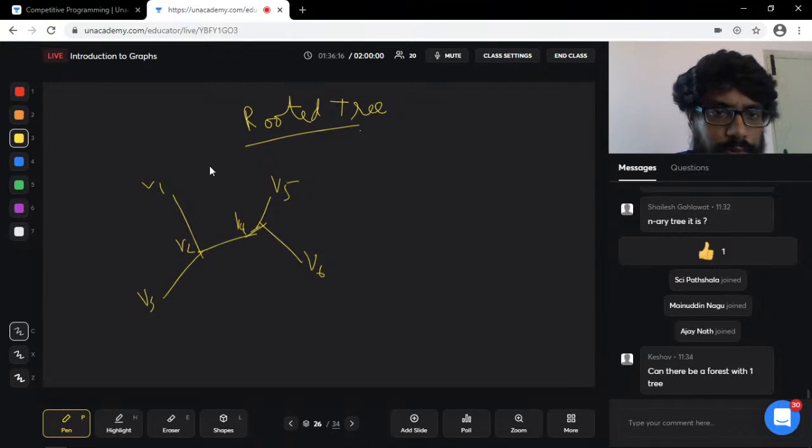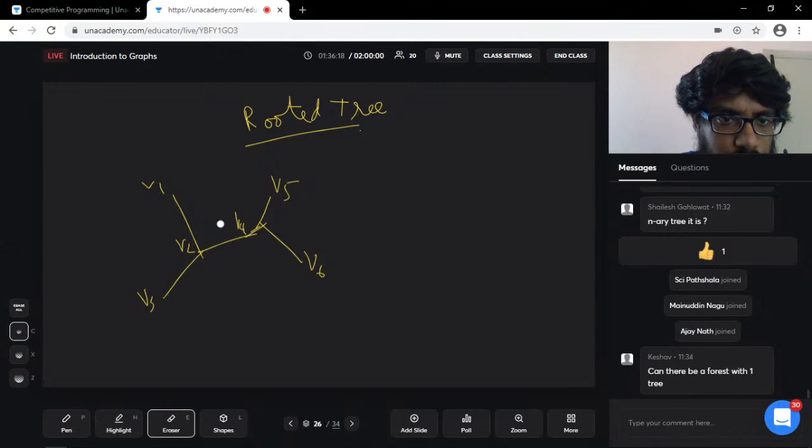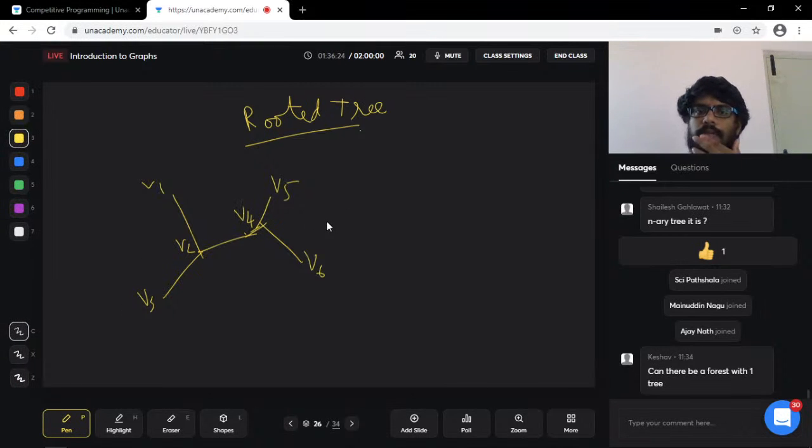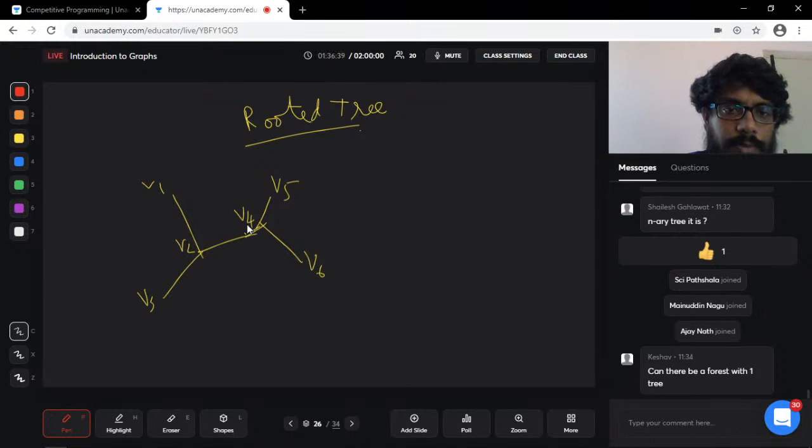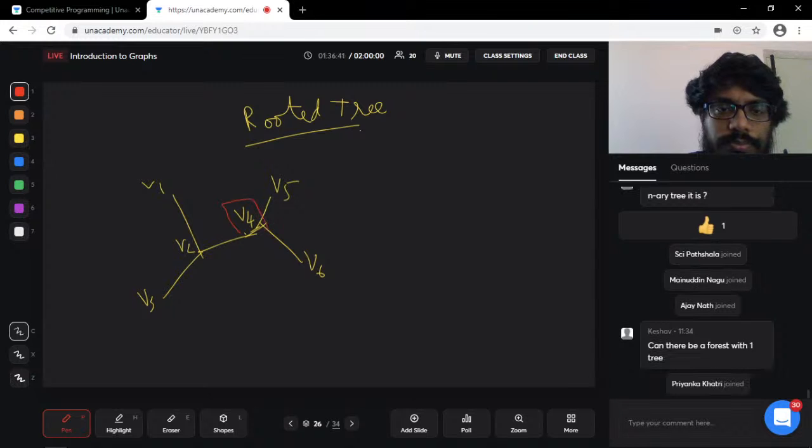But it's kind of a vague picture. So what we'll do is root the tree at some point. What that basically means is pick some vertex. It can be any vertex. Let's say I pick v4 to be the root.